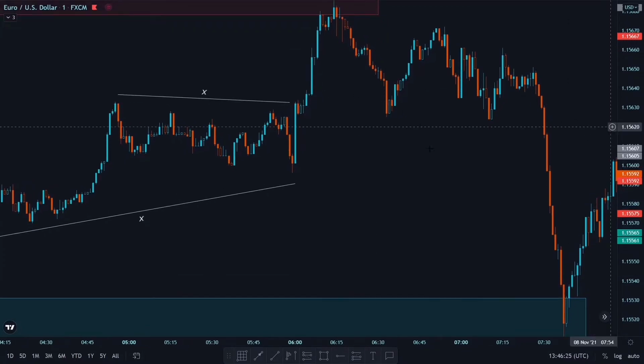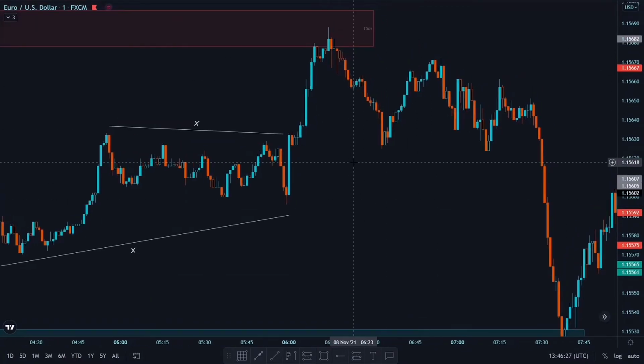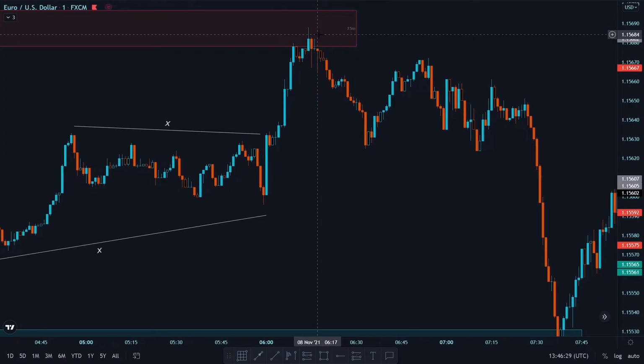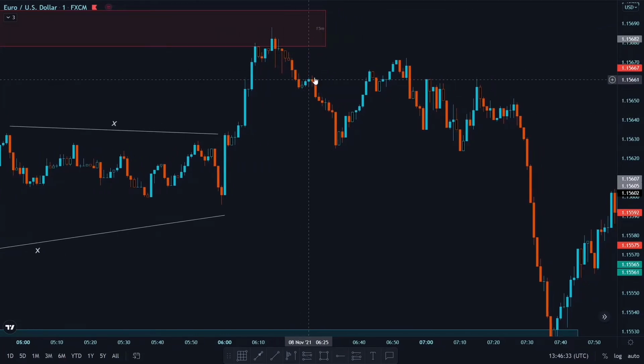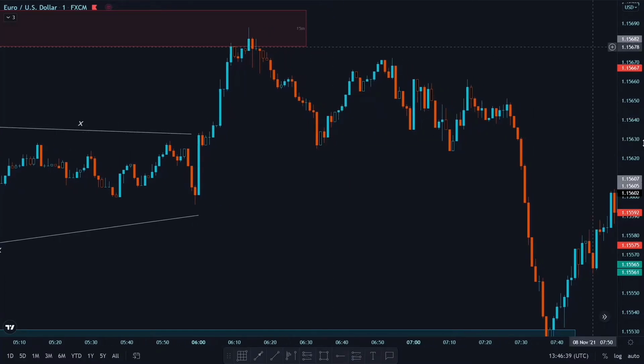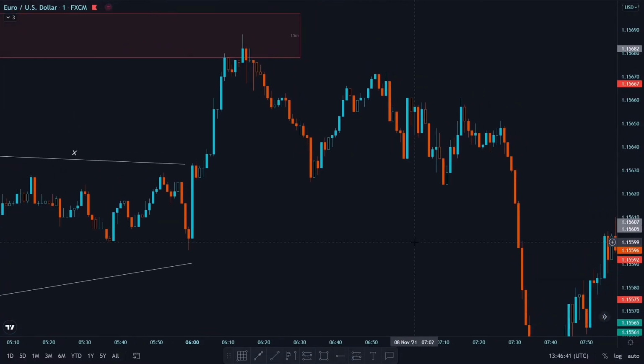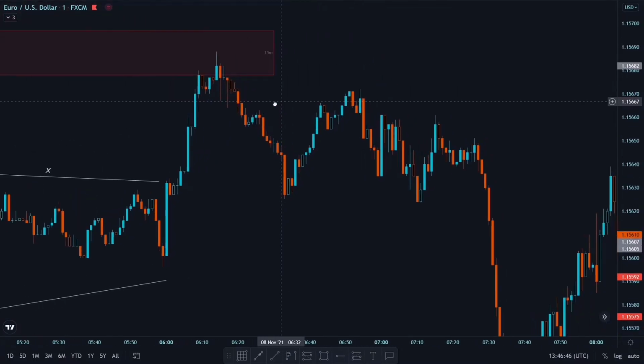Then what happened here is we just tap into it. We get a rapid move to the downside. We didn't get any break of structure here, but what happened is we generate some sort of liquidity here.